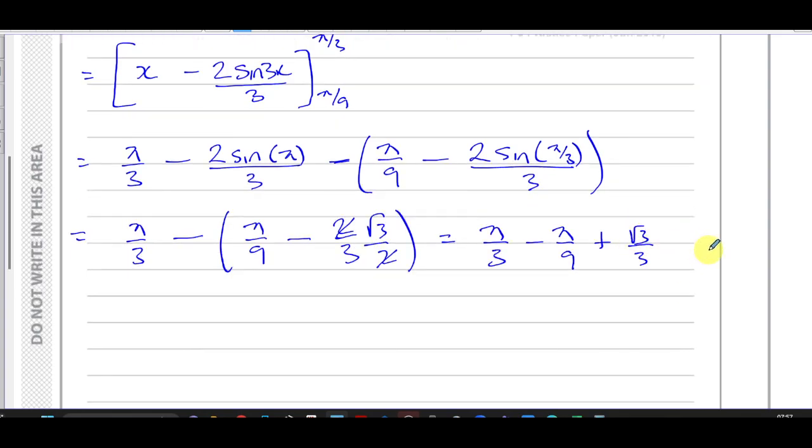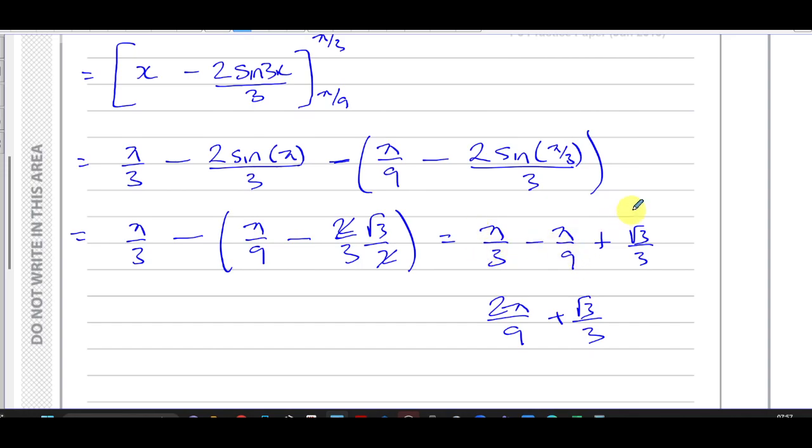Okay, so this is like 3 pi over 9 minus pi over 9. That's 2 pi over 9 plus root 3 over 3. Okay, that's 3 pi over 9. That's right, minus pi over 9.